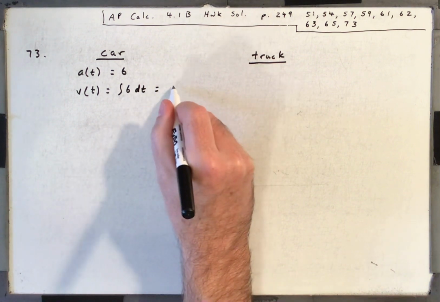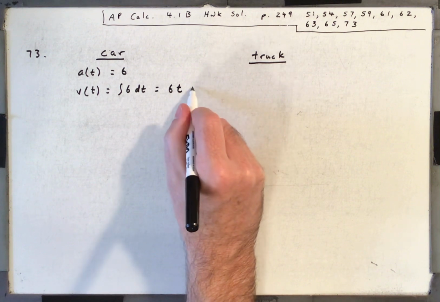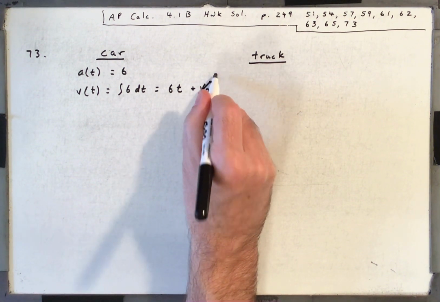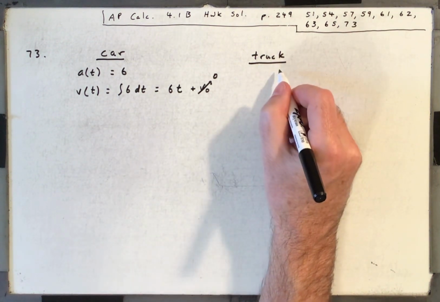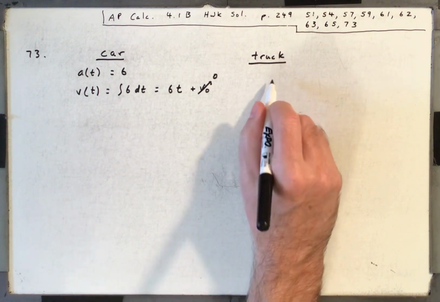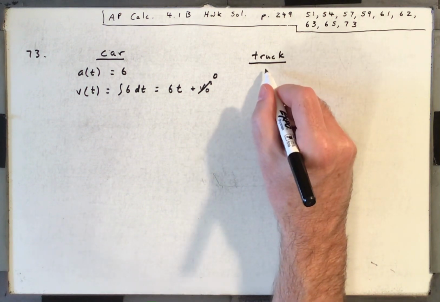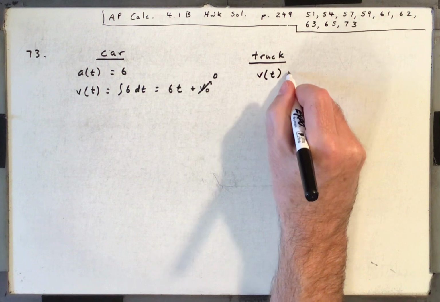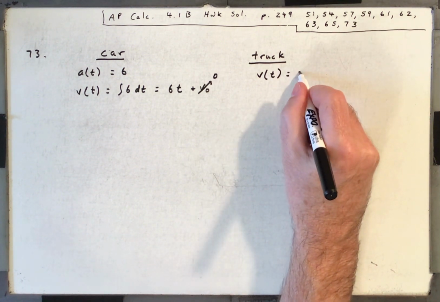So the velocity is 6t plus the initial velocity of the car, but it was stopped at the stoplight, so that's 0. The truck is traveling at a constant 30 feet per second, so it doesn't have an acceleration. So we just start with velocity. Velocity is equal to 30.